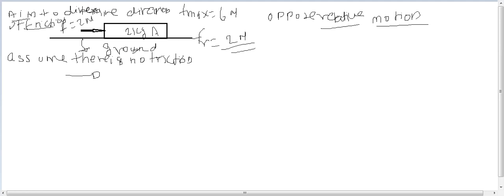Whatever force I applied, because the ground has a huge amount of mass, it will be stationary. Okay, ground stationary, 0.